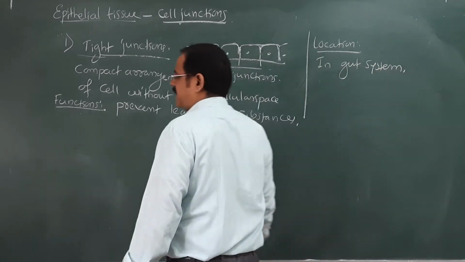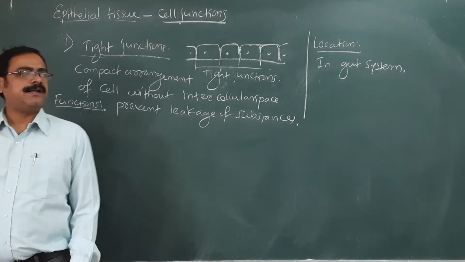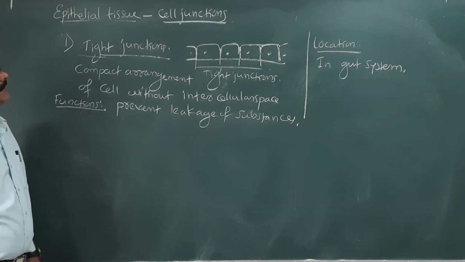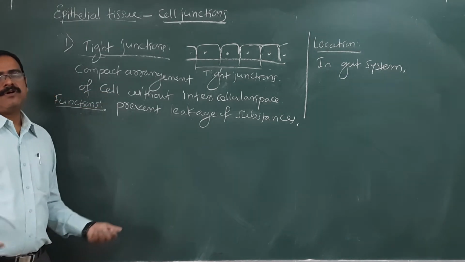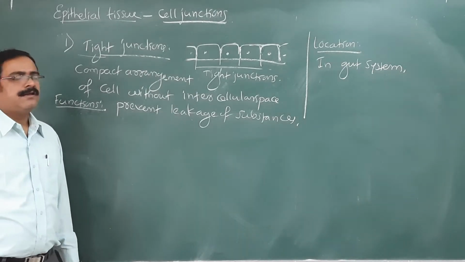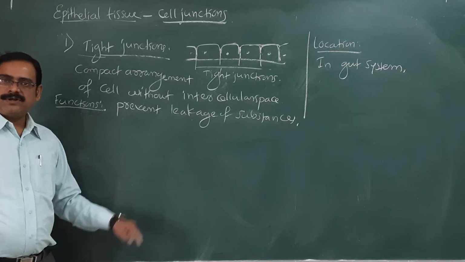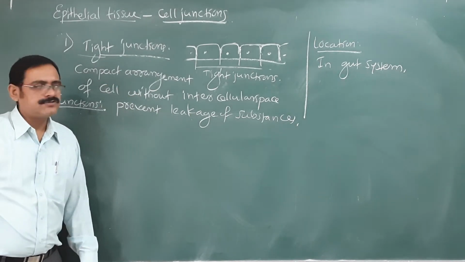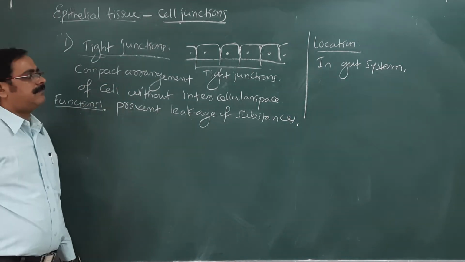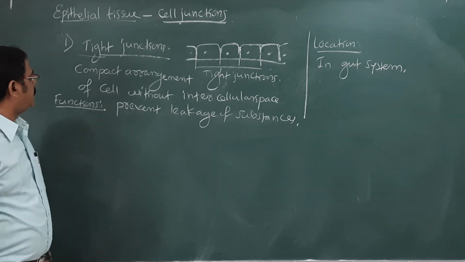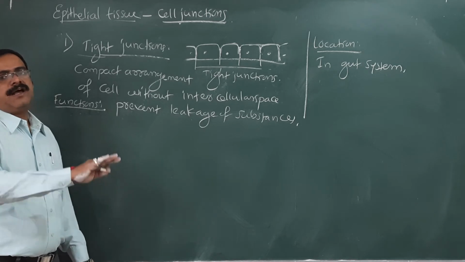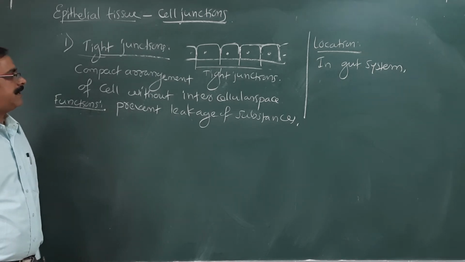In the intestine as well as in the stomach you can find the cells are so compactly arranged, there is no gap between them. There is lots of digestive juice or semi-digested food and it does not leak out of the intestine because of the presence of tight junctions. So in the gut system they are present and they prevent the leakage of substances, and as such, they avoid any abnormalities.